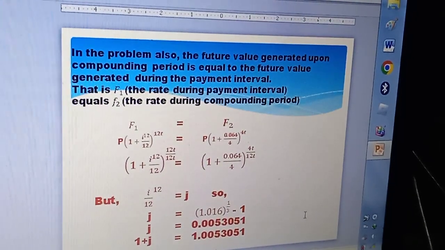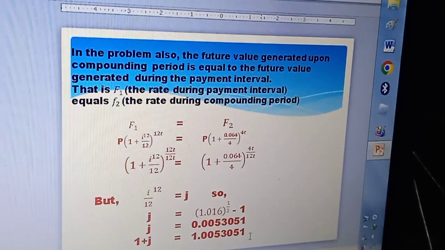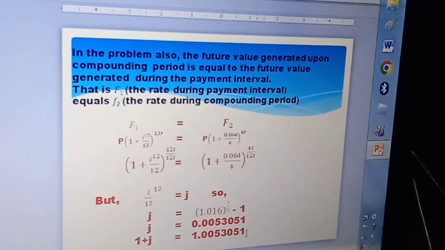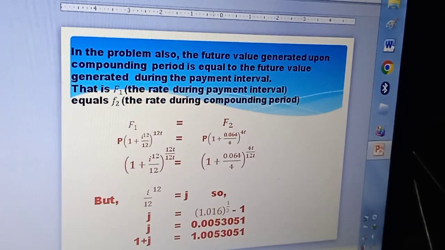So now the computation for the present and future value will use this j.